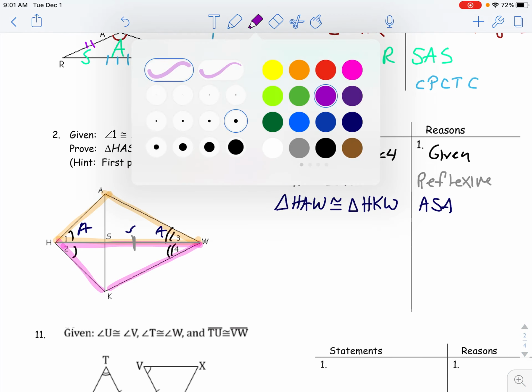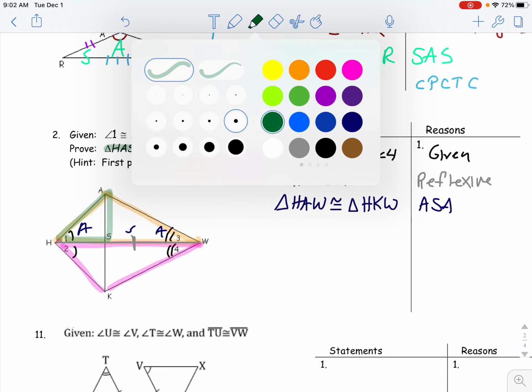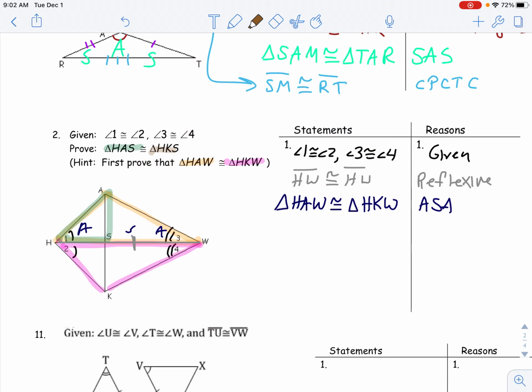So now I need to focus on, let me pick a different color, HAS, this green one, and this brown one. These smaller ones. Well, let's continue to focus on the orange and pink.